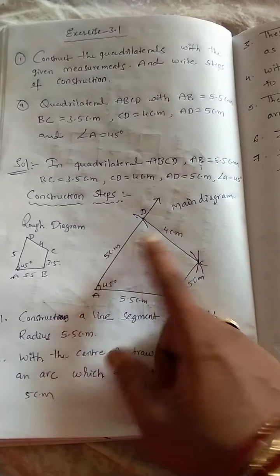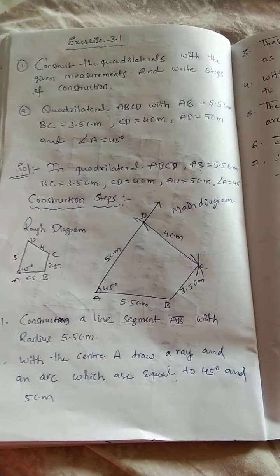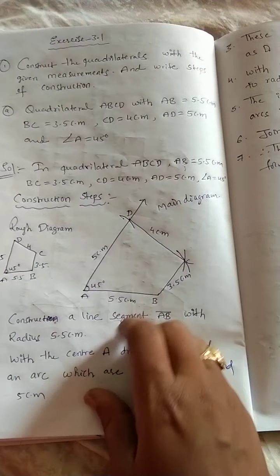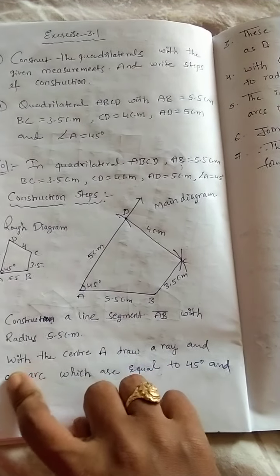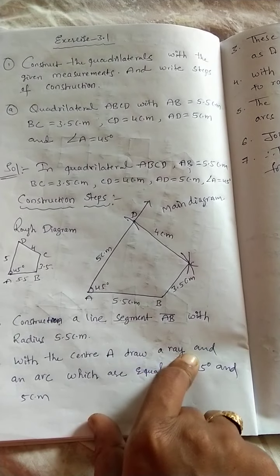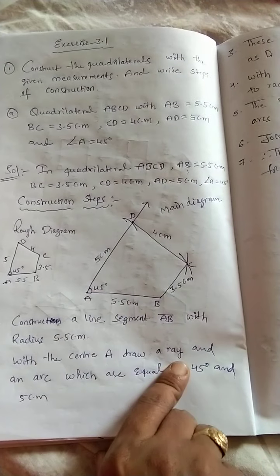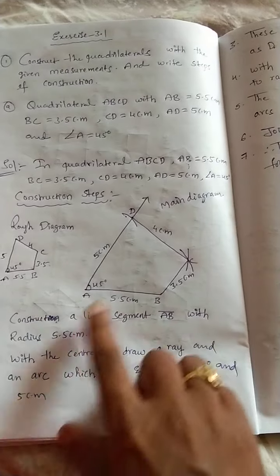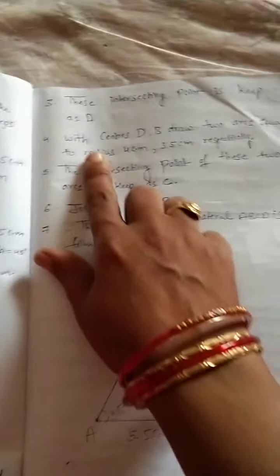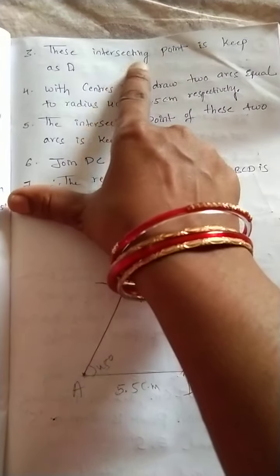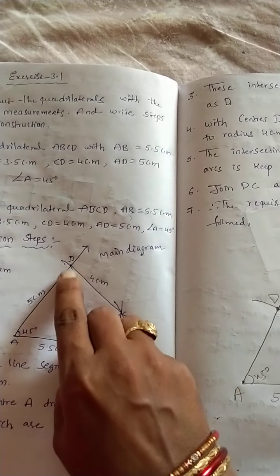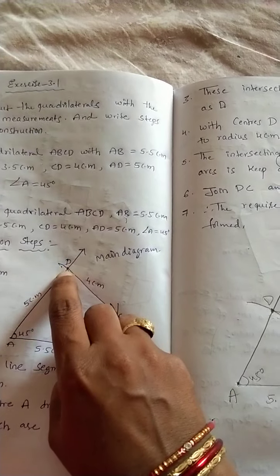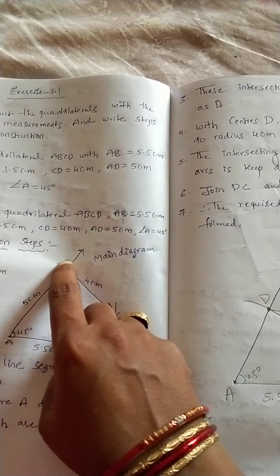Okay, now a radius we call an arc. Okay, now with the center A, draw a ray at 45 degrees and an arc equal to 5 centimeter. Okay, second point. Now third point: this intersecting point is kept as D. This ray and arc intersect at one point, that let us take as D.